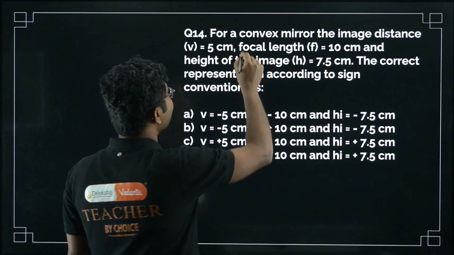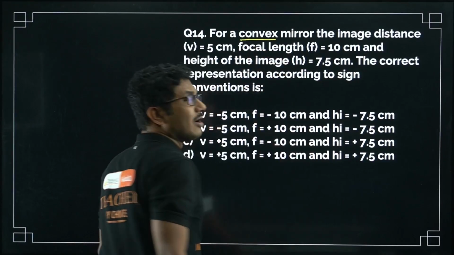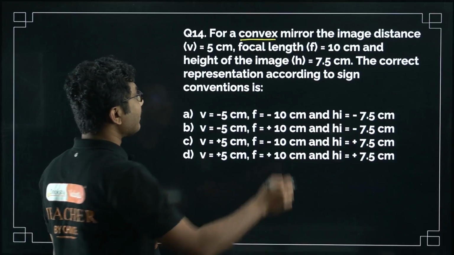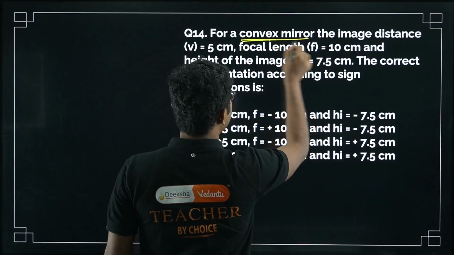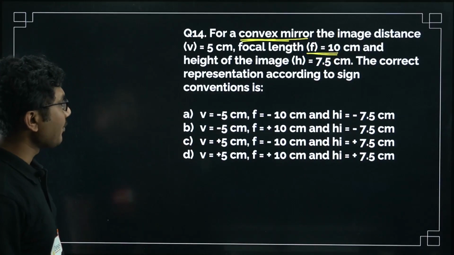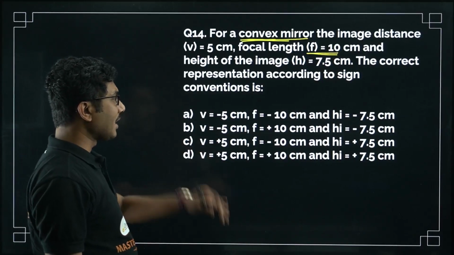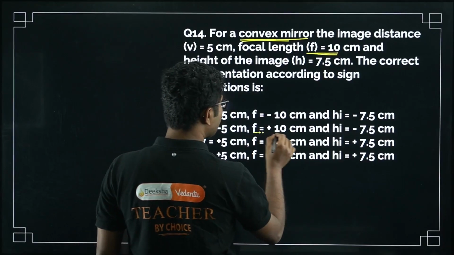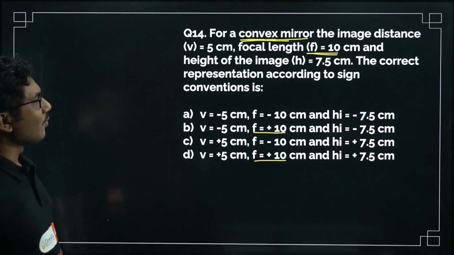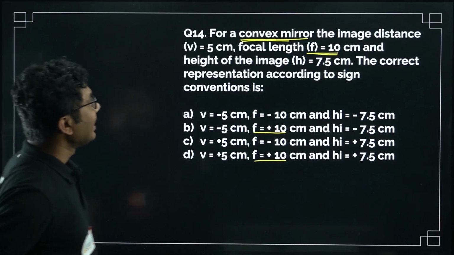First, it is given as convex. It does not matter whether it is mirror or lens. As we said, for convex surfaces focal length will always be positive. That means focal length is given positive only for option B and option C, so out of them only one will be correct, right?